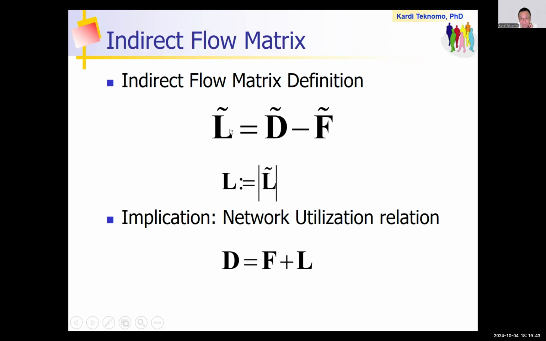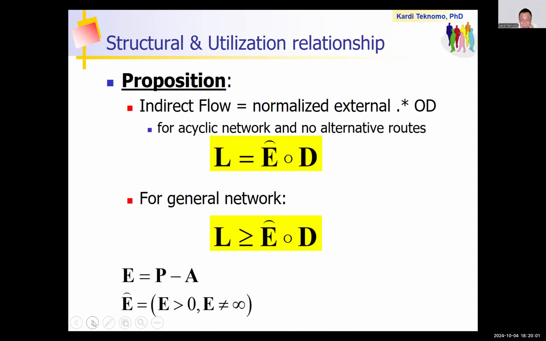Now, the indirect flow matrix, in the matrix sets, you will get this. In that case, of course, the implication is that in the network utilization relation, you will have T equal to F plus L. So this becomes the definition.